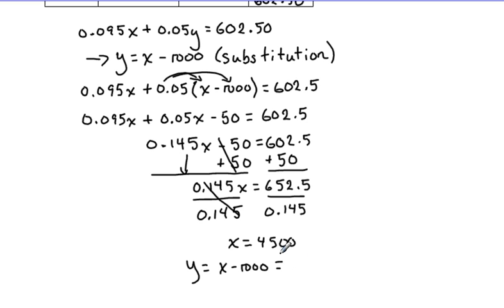Instead of x, we can now write 4,500 minus 1,000. And 4,500 minus 1,000 is 3,500. Therefore, in the first city, they paid $4,500, and in the second city, they paid $3,500.